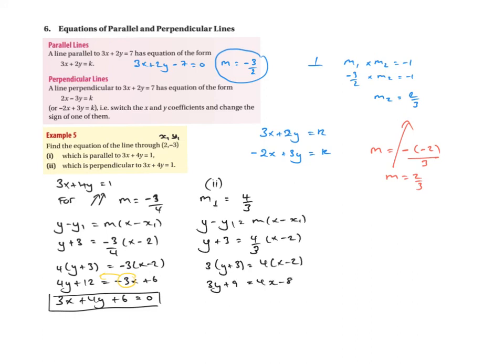And again, as I said before, we're trying to keep the x's positive, so we're going to keep everything on the right hand side this time. It doesn't matter, but maths convention says that we like to keep the x's positive. So it's going to be 4x, take away the 3y from this side, so minus 3y, and we've got minus 8 minus another 9, which is minus 17, is equal to 0. So there we have it.